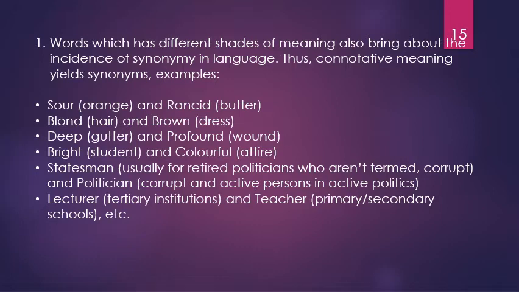Bright, maybe with a student, and colorful with attire. Let's say statesman, usually for retired politicians who are not termed corrupt. You can have somebody who is a statesman to represent a retired politician who is not termed as corrupt, and a politician to represent somebody who is corrupt and active in politics.